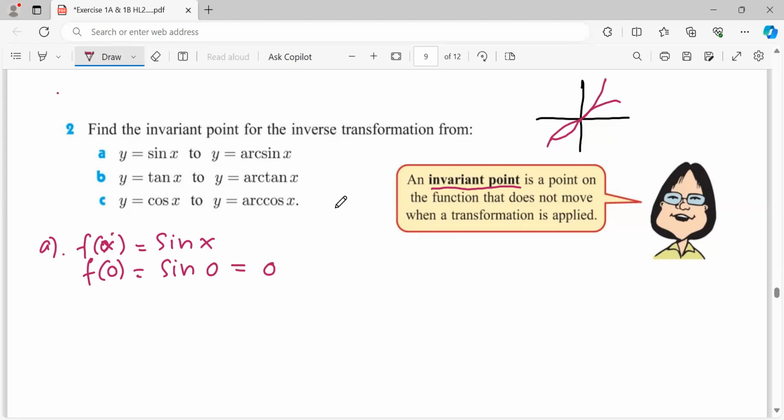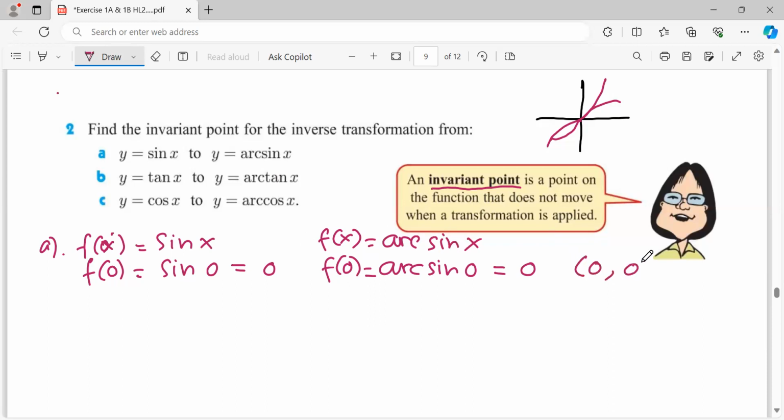About arcsine, if the function is arcsine, f of 0 is as well 0. So 0 and 0 means the invariant point of sine x and arcsine x is 0, 0.